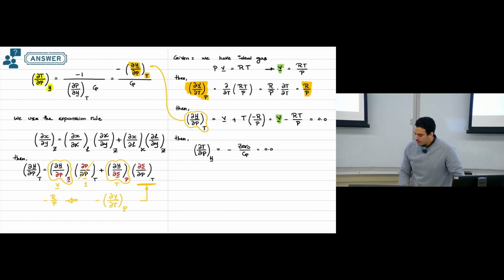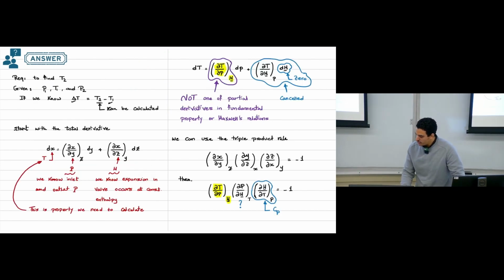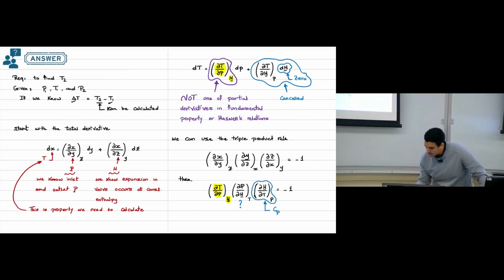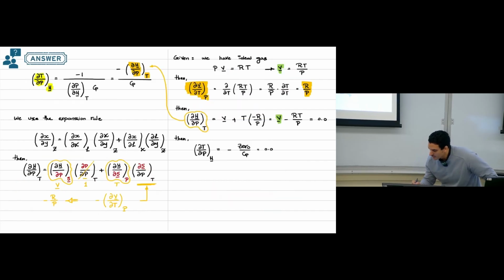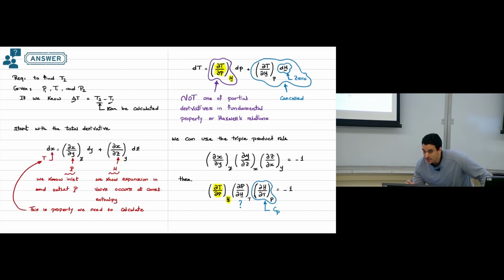Again, dT by dP at constant H. Let's return to the dT equation that we got from the total derivative.